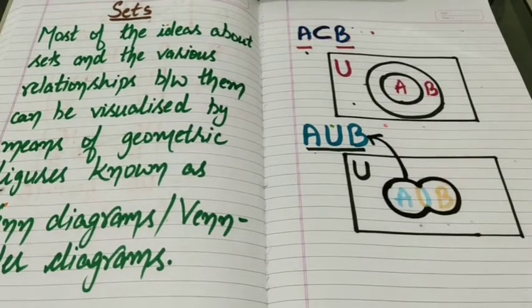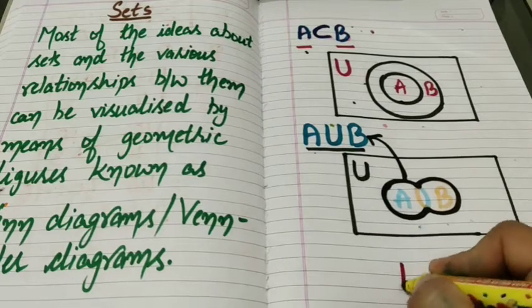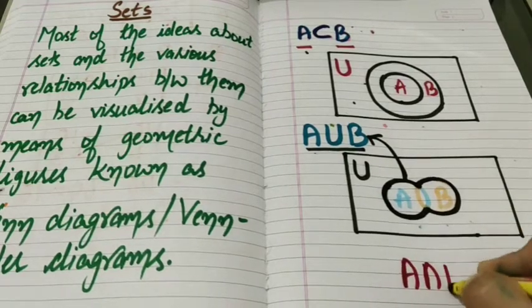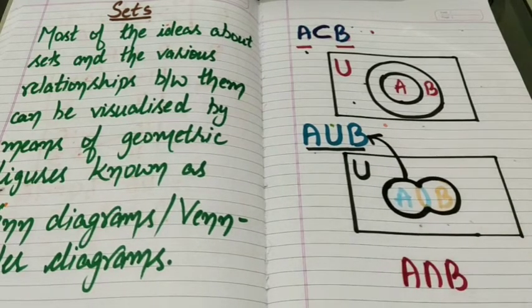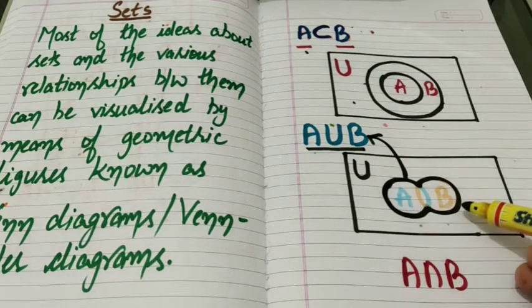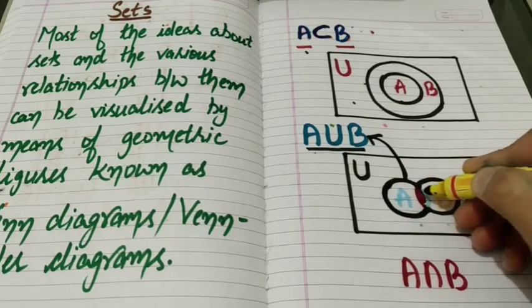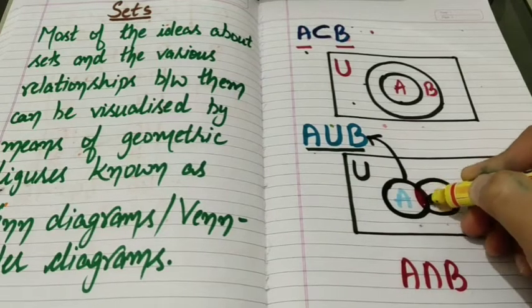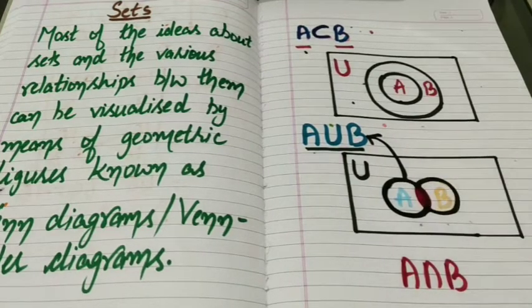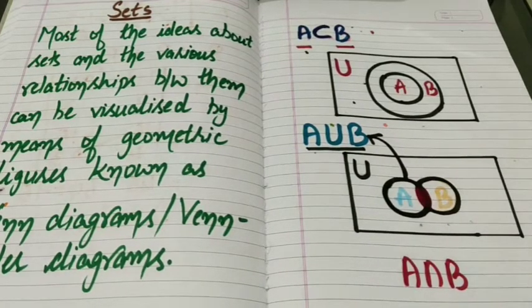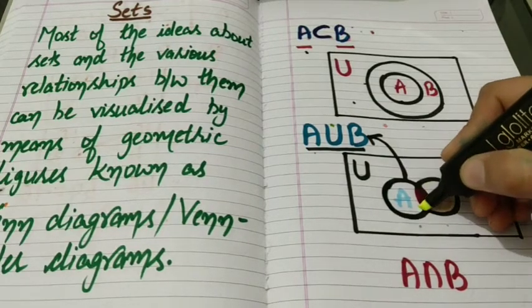And if we wish to represent the intersection of set A and set B, that can be shown from the same diagram. We know that A intersection B includes common elements of set A and set B. Since set A and set B have this common region, let us highlight this common region for better understanding.